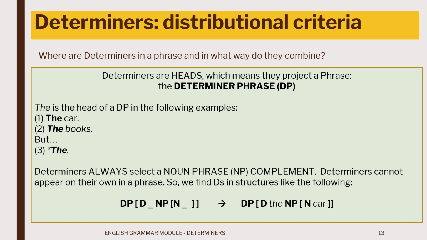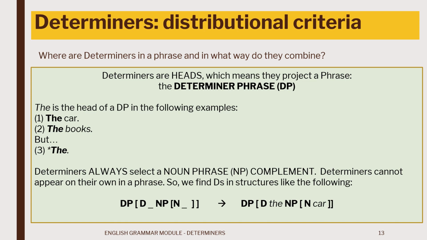All right? So the problem in the third example is that there is no noun phrase complement, and that is why this sequence is ungrammatical. This is not possible in English. So what we can say, again, is that determiners cannot appear on their own in a phrase.